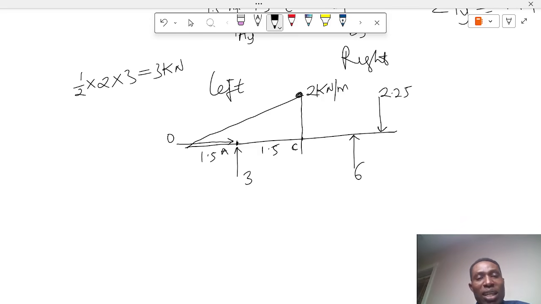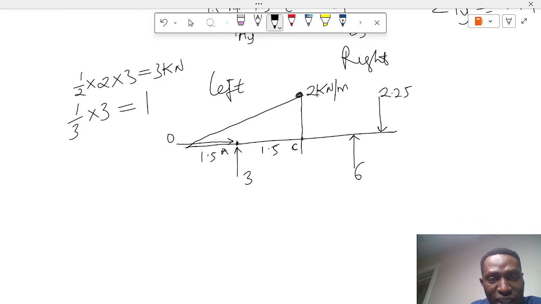That will be the concentrated force generated by this distributed force. The point where that force acts, from the apex, is gotten as 1/3 times 3, which is equal to 1. The 3 is the distance from this point to point C. So the point where it will react is 1.